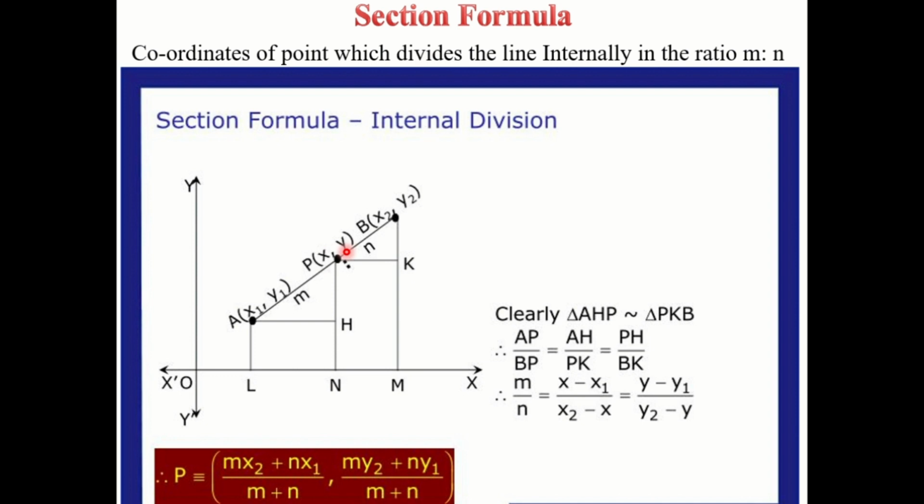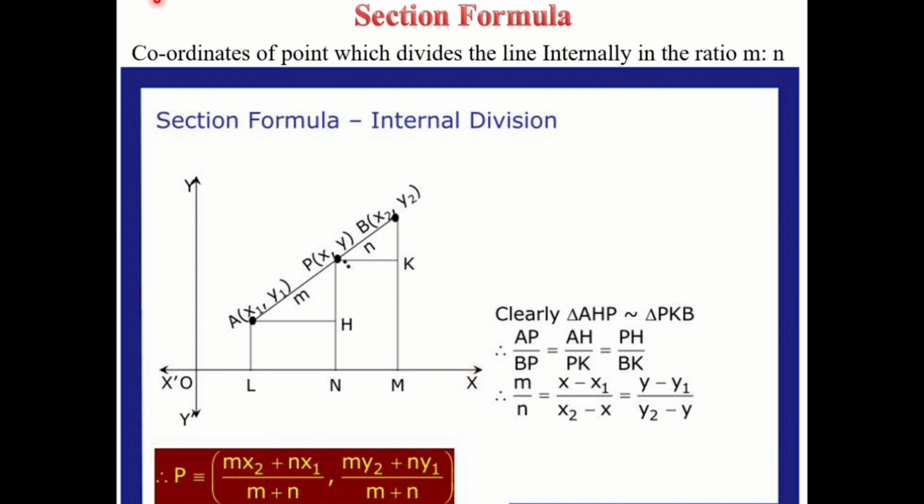We have to draw the lines AL, PN and BM perpendicular to the x-axis. Then AH and PK are drawn parallel to the x-axis.